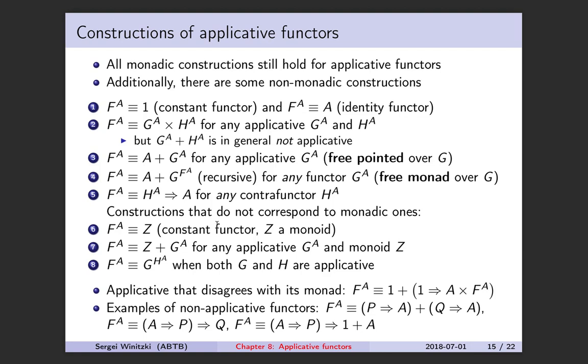We have seen this in the first part of the tutorial, where you would have an either monad, which stops after the first error, but you can define an applicative on either that accumulates all errors. So this is an example of applicative that disagrees with its monad.